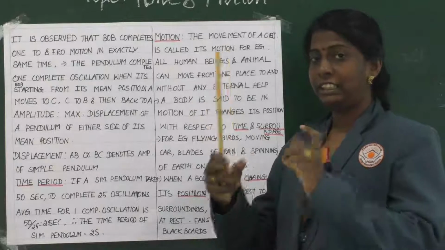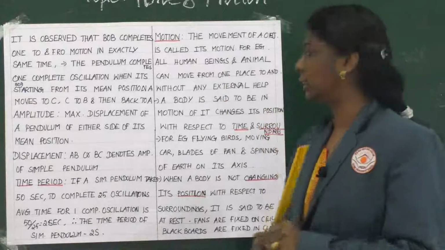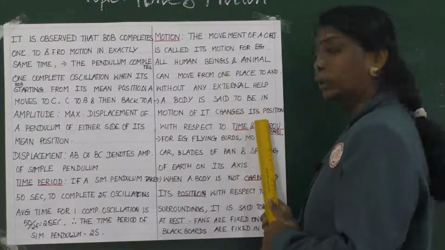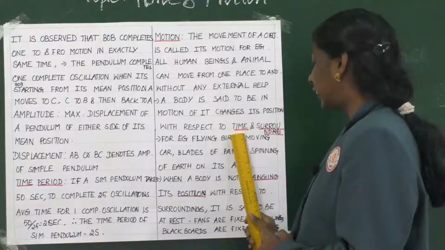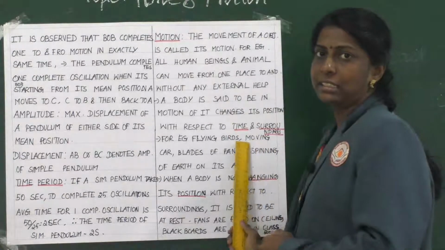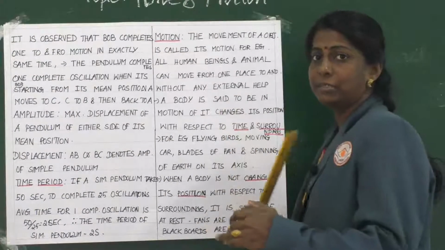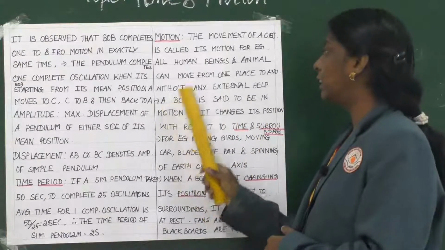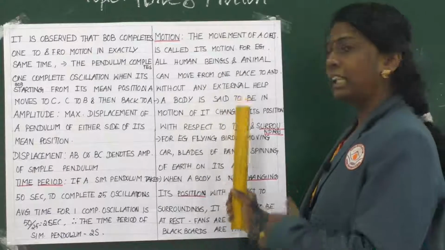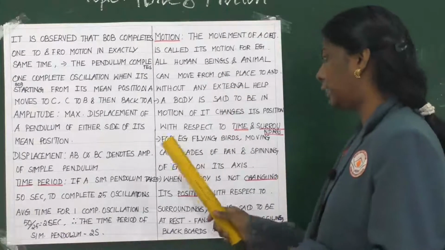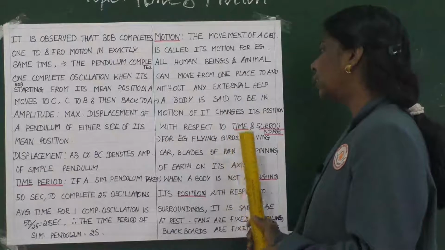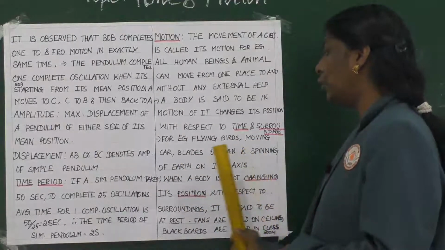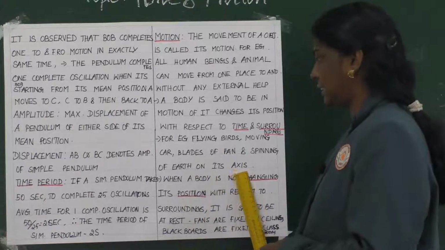A body is said to be in motion if it changes its position with respect to time and surroundings. Based on time and surroundings, if the body is changing its position, then the body is in motion, that is, it is moving. For example, flying birds, moving cars, blades of a fan and spinning of the earth on its axis.